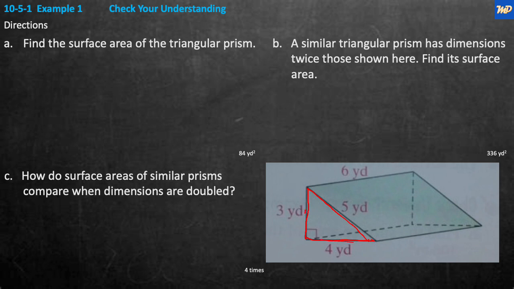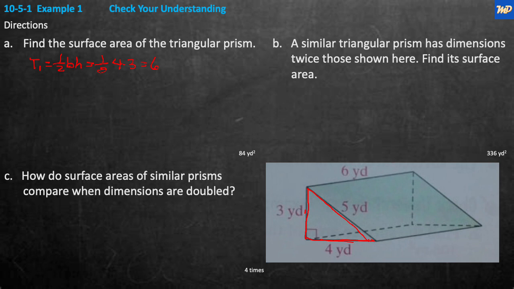So triangle 1 is equal to 1/2 base times height, and that equals 1/2 times 4 is the base times 3 is the height. That equals what? 3 times 4 is 12 times 1/2 is 6.